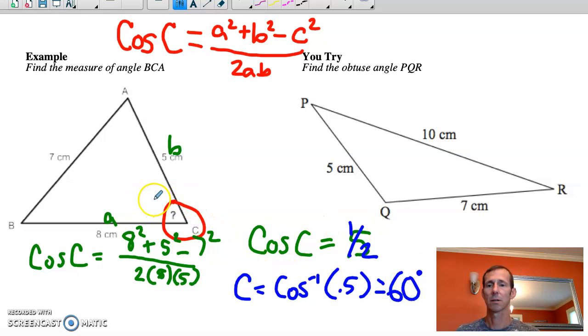So your answer here is 60 degrees, and if I wanted to, I could now use the law of sines to find angle A or B, or I could use the law of cosines to find one of the other missing angles. Law of sines is usually a little bit less punching in your calculator, but you get the same result either way.